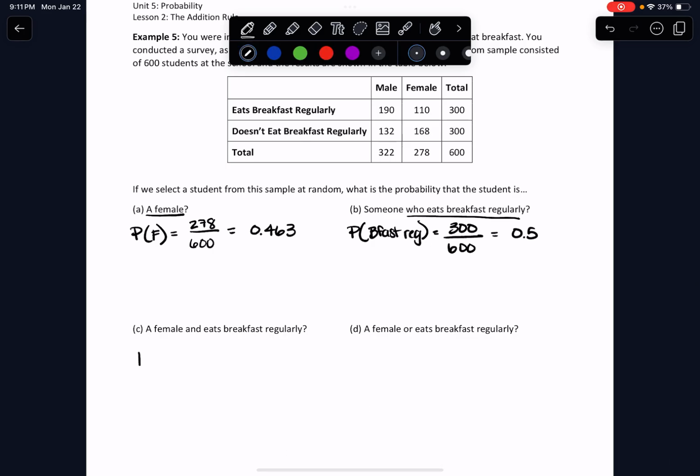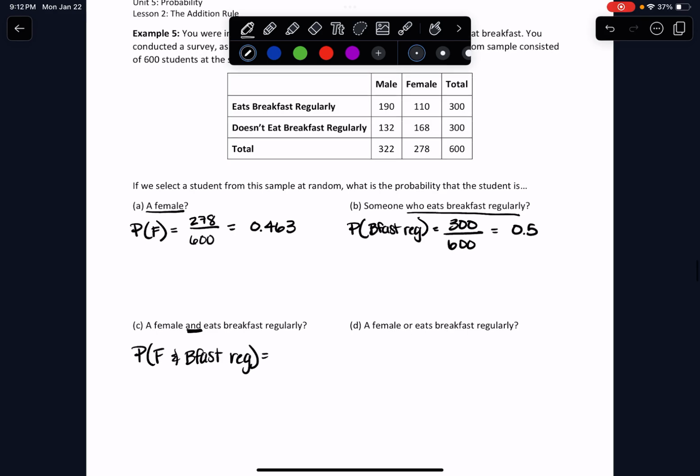If we look at the probability of a female and eats breakfast regularly, now we're being more specific about which cell in our table we're looking at. So female, breakfast regularly, that intersection is 110 out of 600 equals 0.183.